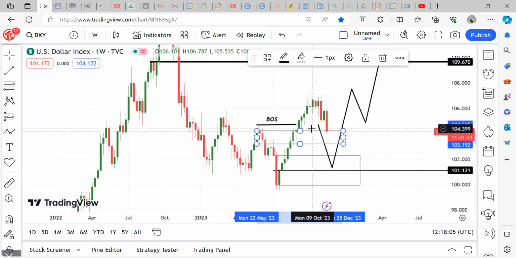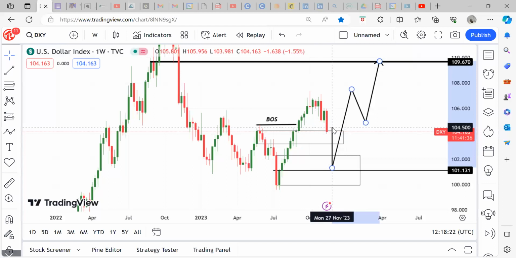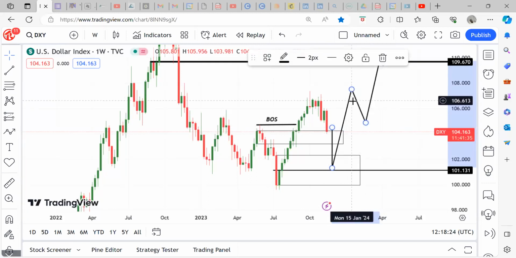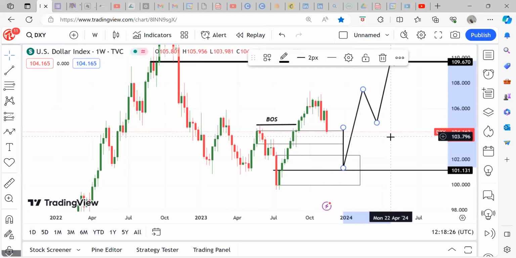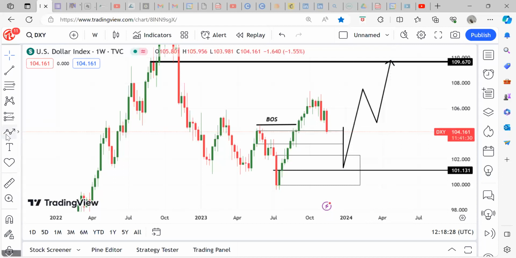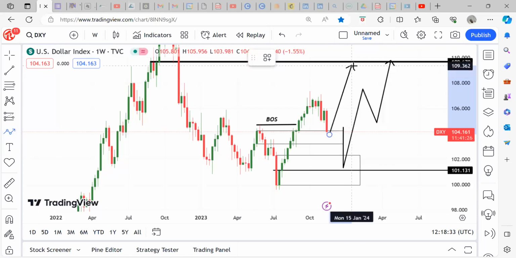But if this one doesn't have the strength to hold the price, it will dip into the second discount here, which is really potent. And if it dips into this discount, then it will be an inverse head and shoulder. So two things are going to happen on this dollar. The first is what I've just analyzed here, and the second is something like this from here.